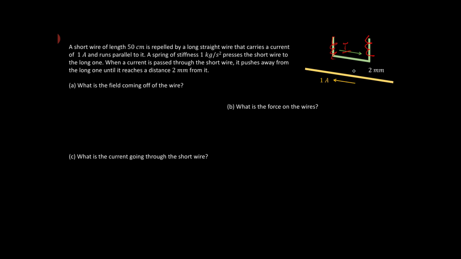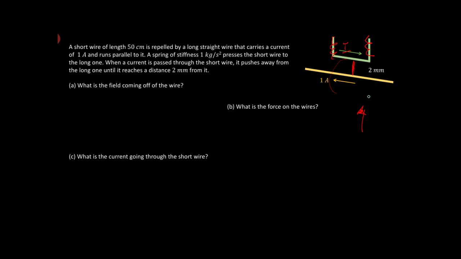So the field from a wire is mu naught I over 2 pi d. And let's see what else. Next we can just substitute things in here. So mu naught is 4 pi times 10 to the minus 7 Tesla meter per amp.